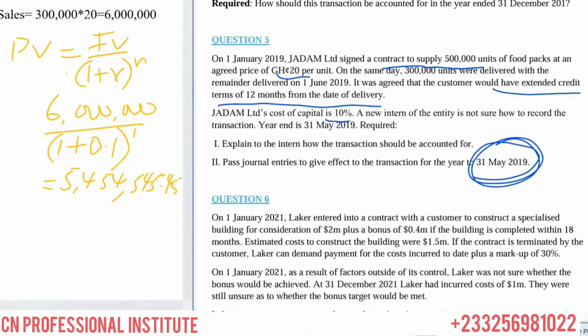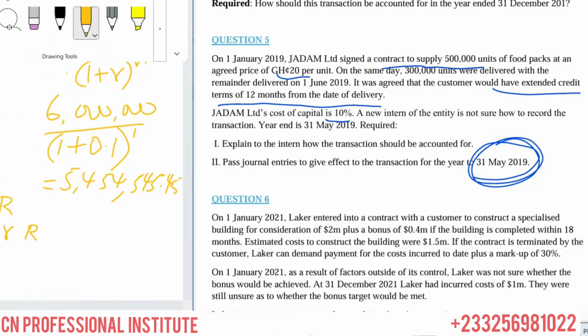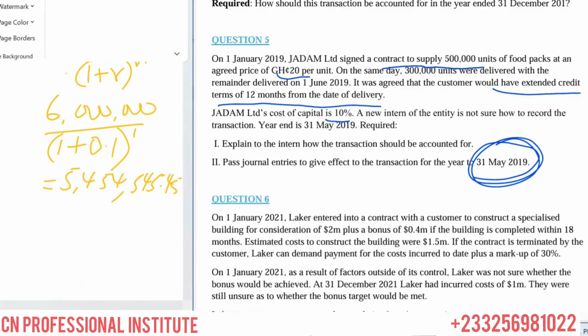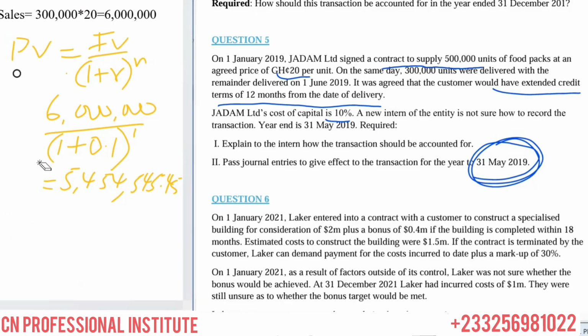So with this one, you debit and credit. Now we'll credit revenue with this figure, and then we will debit receivables.